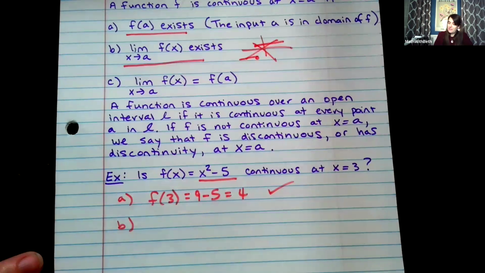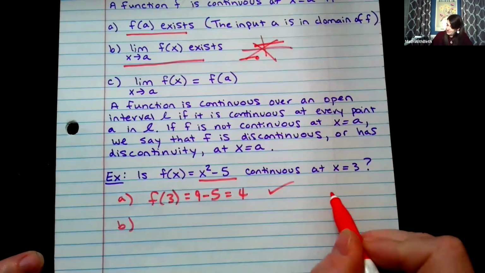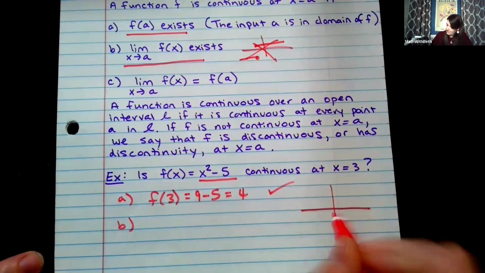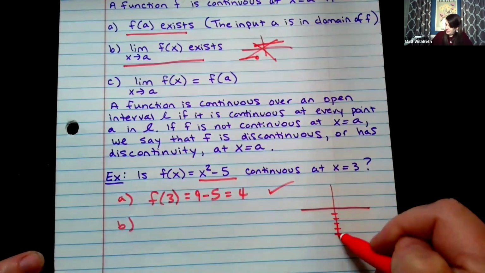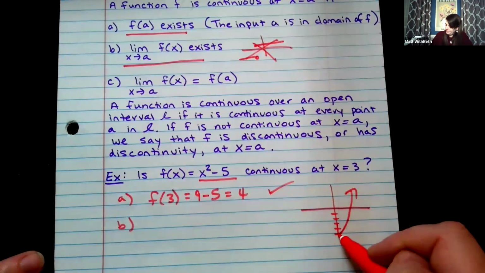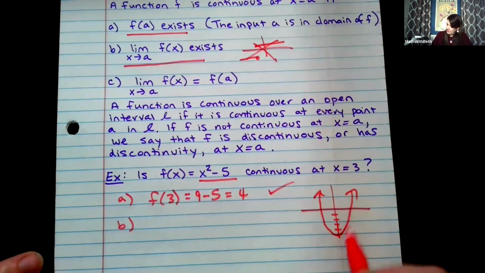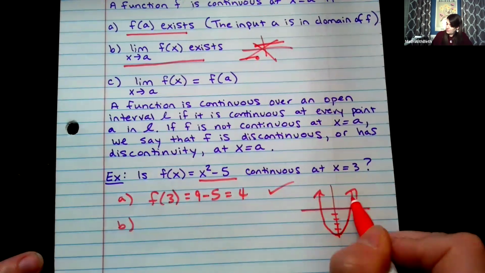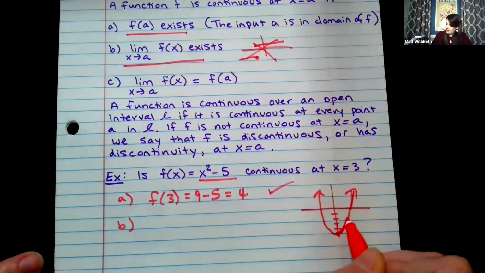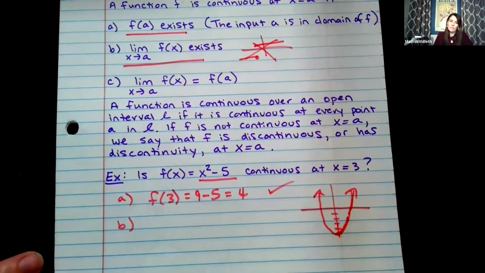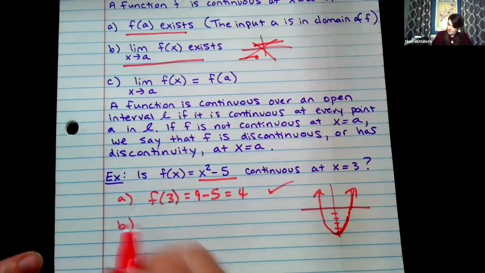Next, let's check that the limit exists at 3. Again, if you wanted to graph this, you would know that it is a parabola. So yes, at 3 we're definitely going to approach the same number from the right as the left, and that number is going to be 4.